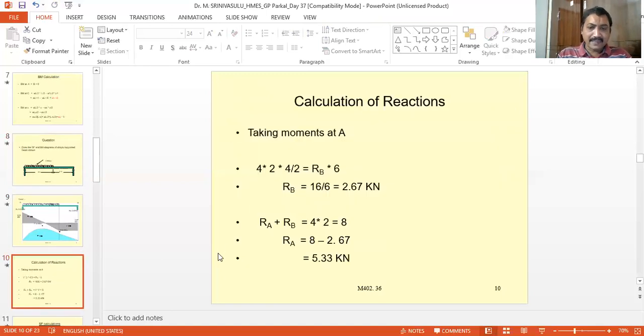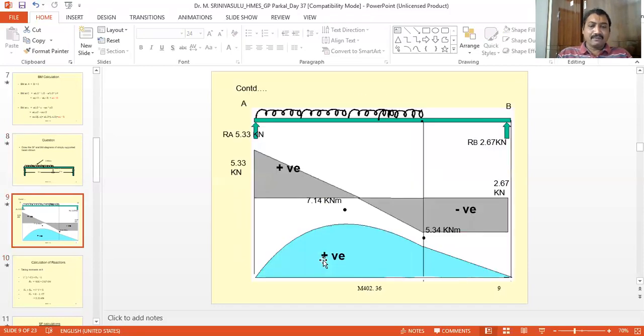So RA plus RB is equal to 8, and we know RB is 2.67. So RA is equal to 8 minus 2.67, so RA is equal to 5.33 kN. In this way, RA is equal to 5.33 kN and RB is equal to 2.67 kN.